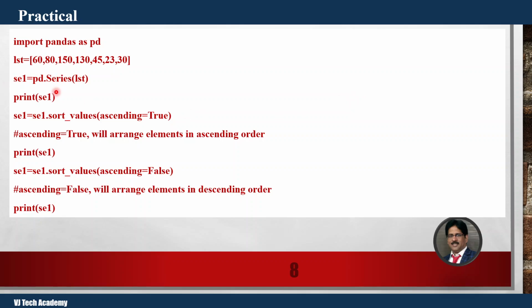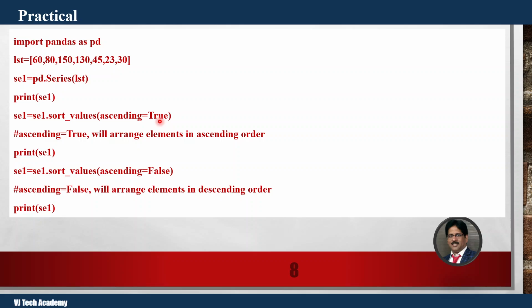Just create the series and use the sc1.sort_values function, then ascending equals true. This will arrange the elements in ascending order. If you write ascending equals false, this will arrange the elements in descending order.